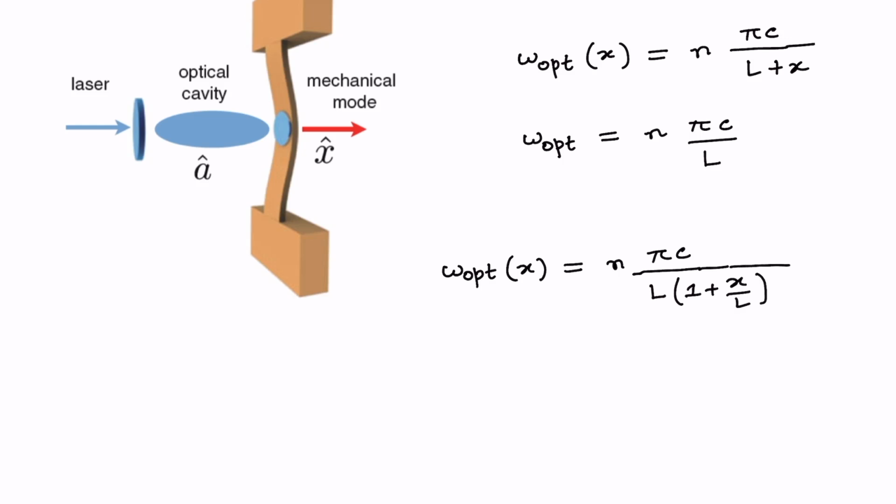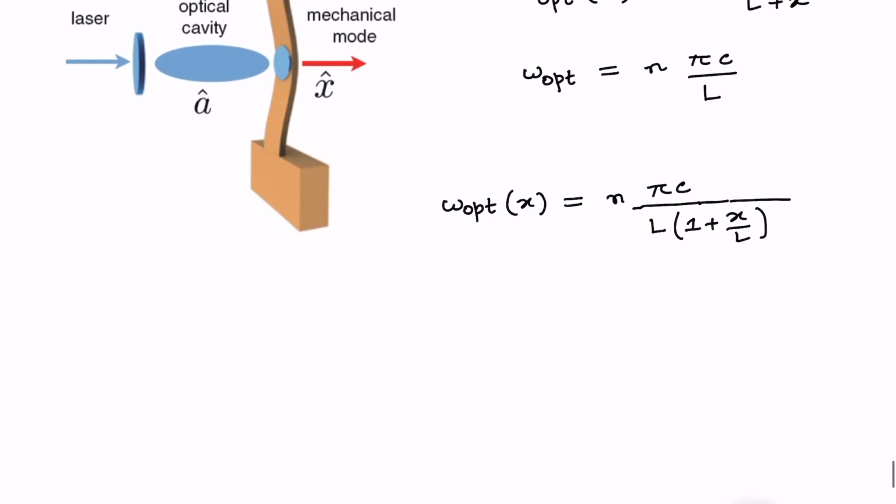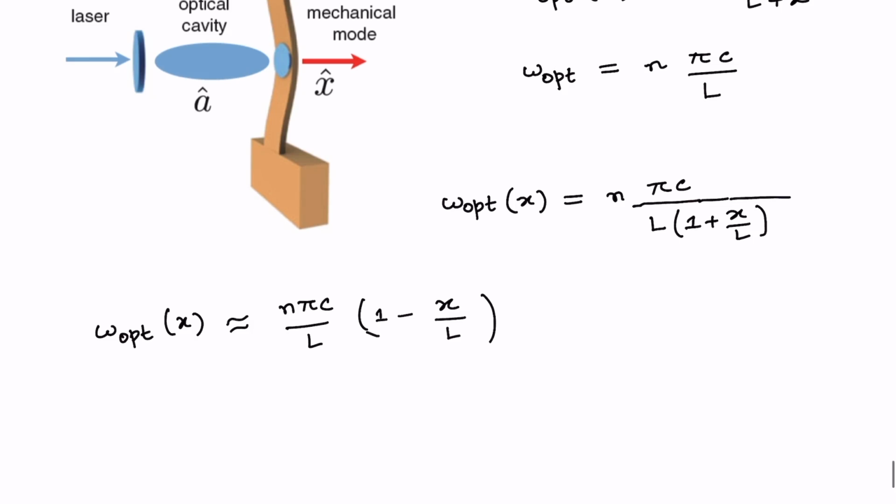x by L is very small compared to unity, so I can write omega optical as a function of x as n pi c by L. It is nearly equal to, not exactly, nearly, I can approximate it as 1 minus x by L. Okay, so this is going to be the frequency of the optical cavity mode.